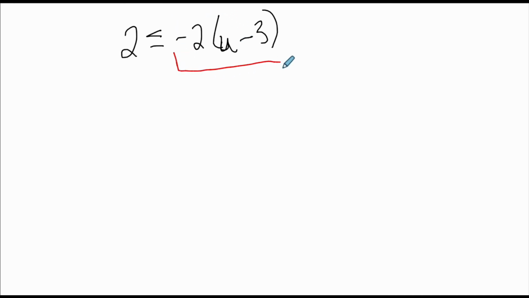Okay, last example that should help you in completing your work today. This one we're going to have the quantity 2 is less than or equal to negative 2 times (u minus 3). All right, so again, first step is distributing on the right side of the inequality.